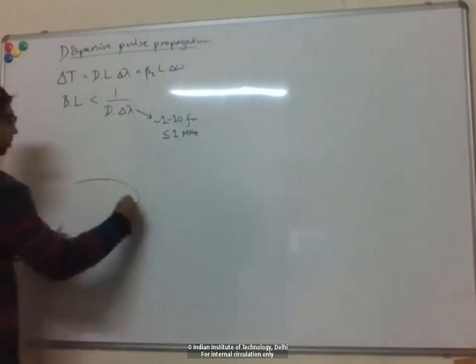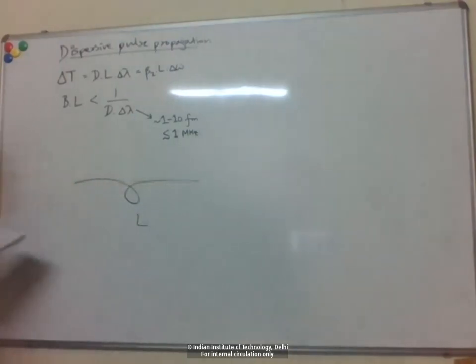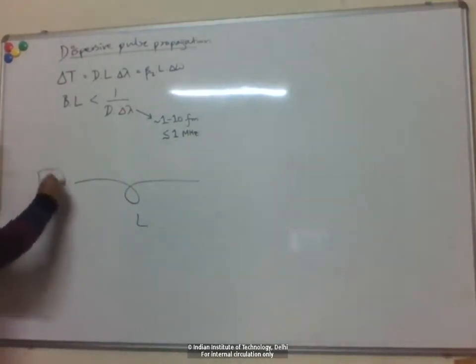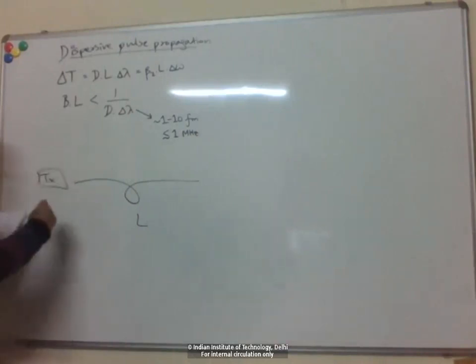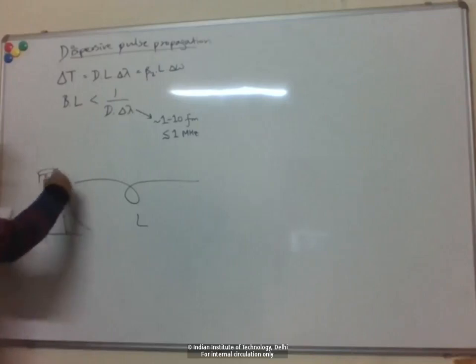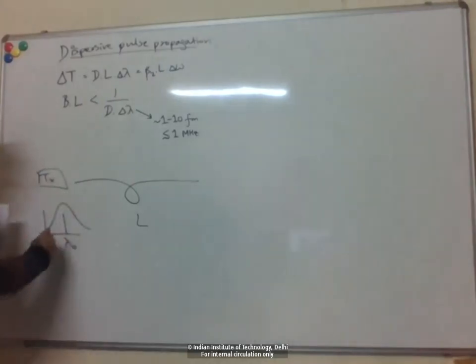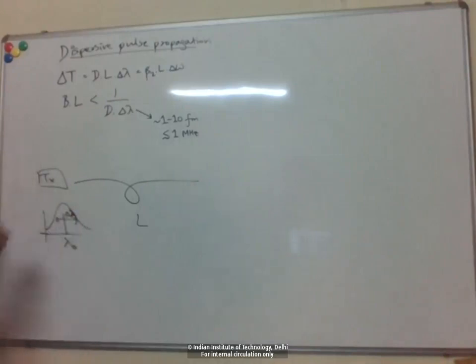So again, recall why dispersion was happening. Let's say you have some fiber of length L. Now here we have a transmitter which is sending out light with certain bandwidth. So there's some center wavelength and some spread of wavelengths or equivalently frequencies.